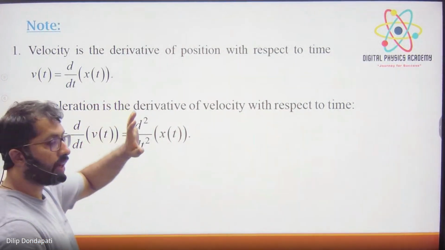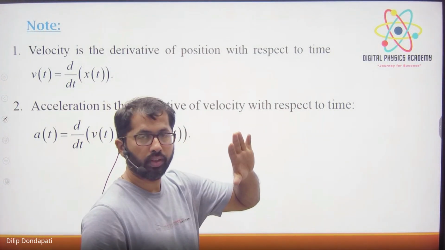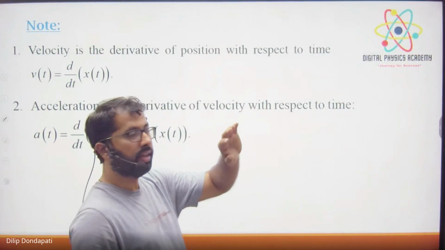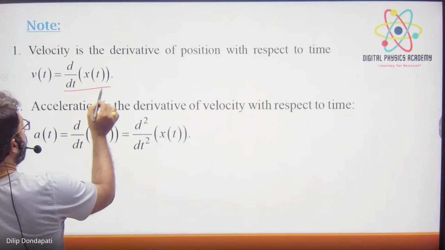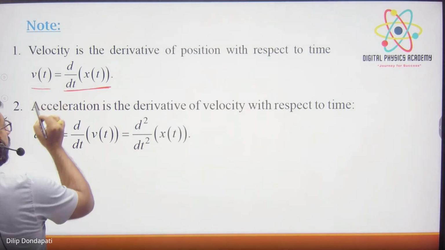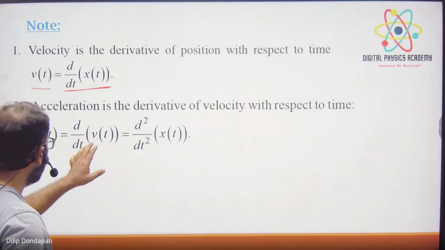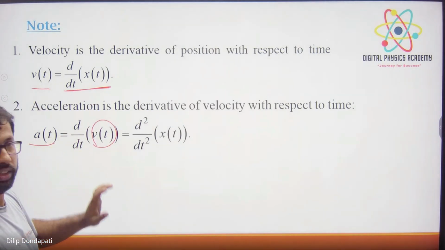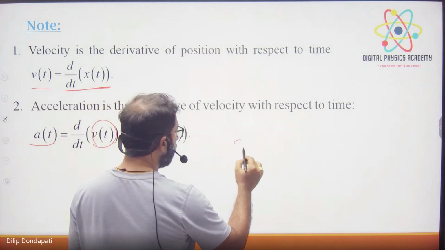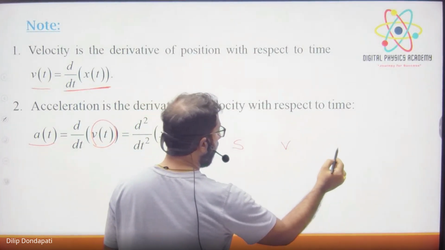Now, this will be very useful in kinematics. In kinematics you have to learn that when you differentiate a position-time graph, you get velocity, and when you differentiate velocity, you get acceleration. I told you in kinematics: displacement, velocity, acceleration.